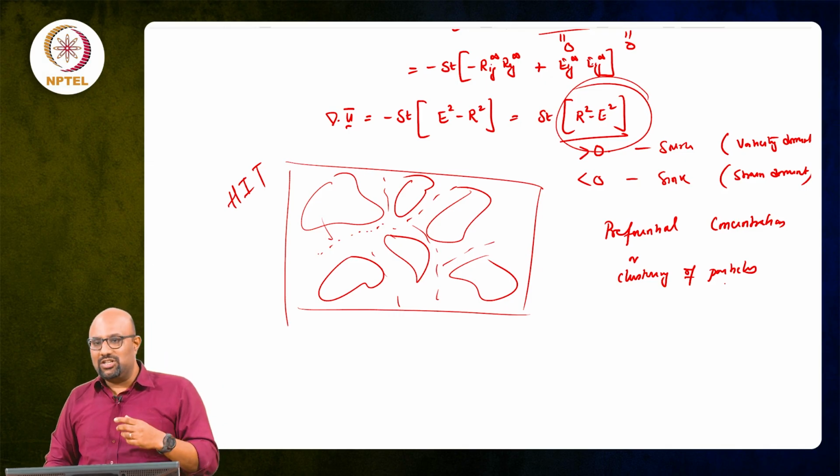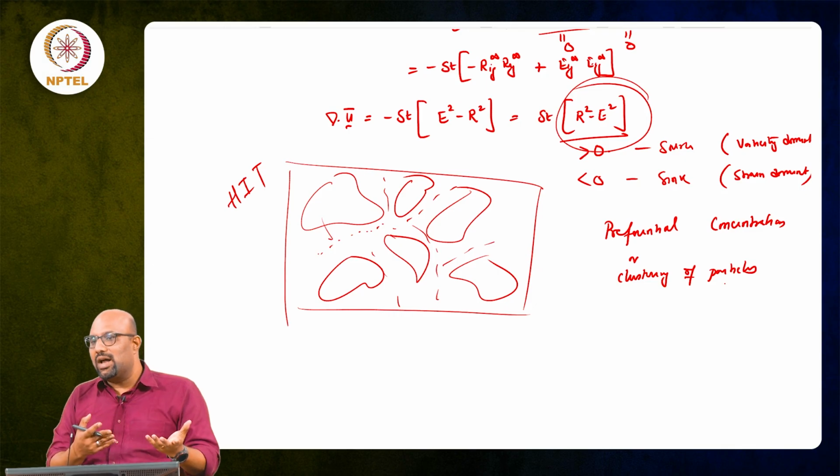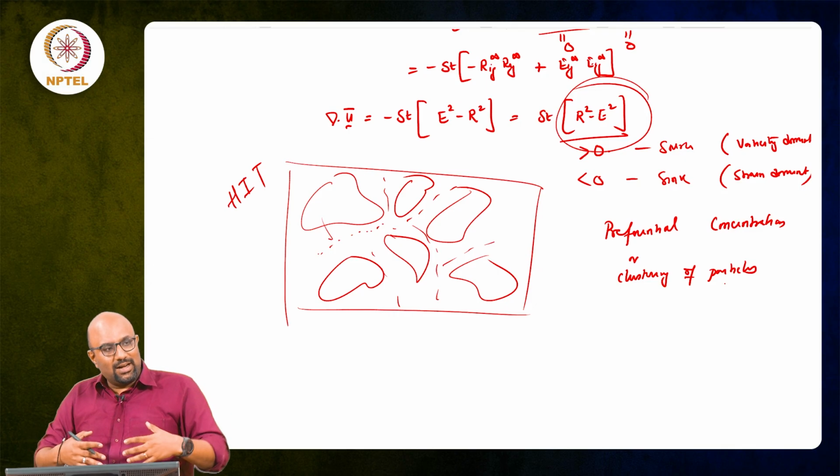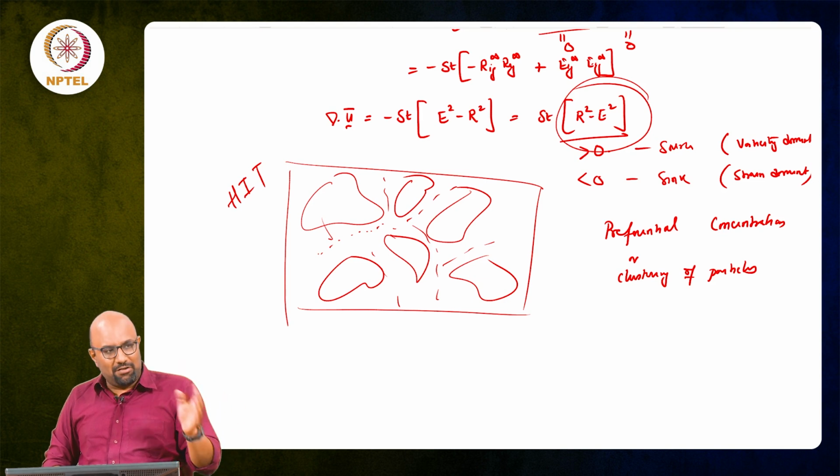The direction of ejection or migration depends on whether you are in a strain dominated or a vorticity dominated region. So, broadly, what we have done here is start from a very simple model for the particle, taking the Maxey-Riley-Gatignol equation and then looking at heavy particles. The evolution equation is very simple.